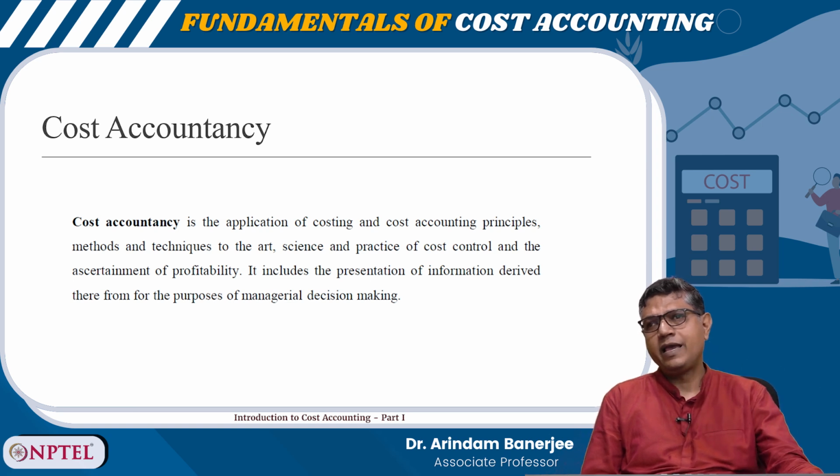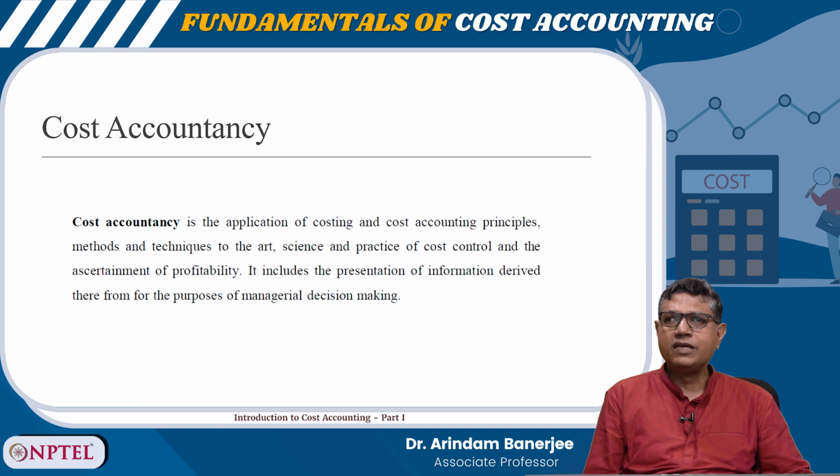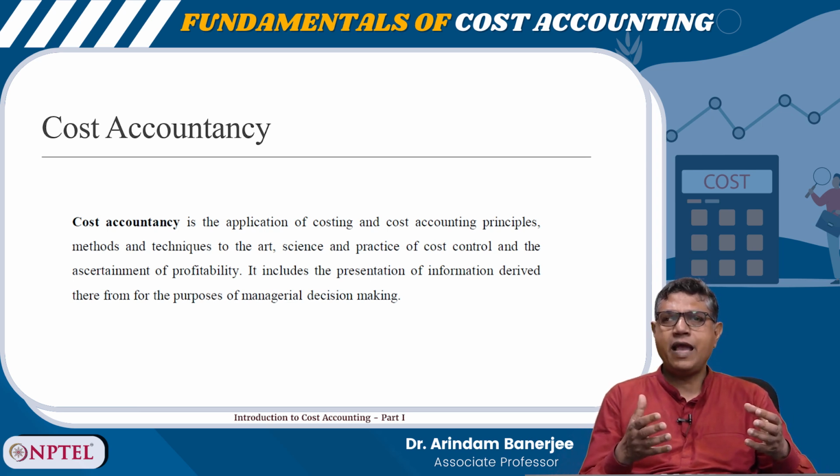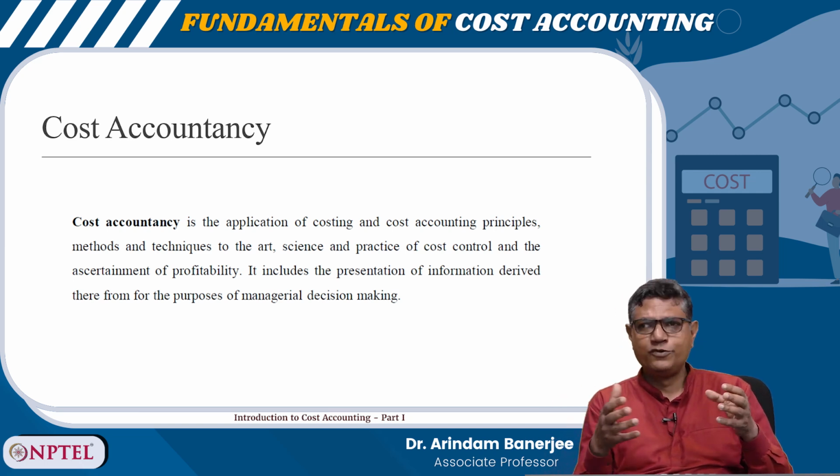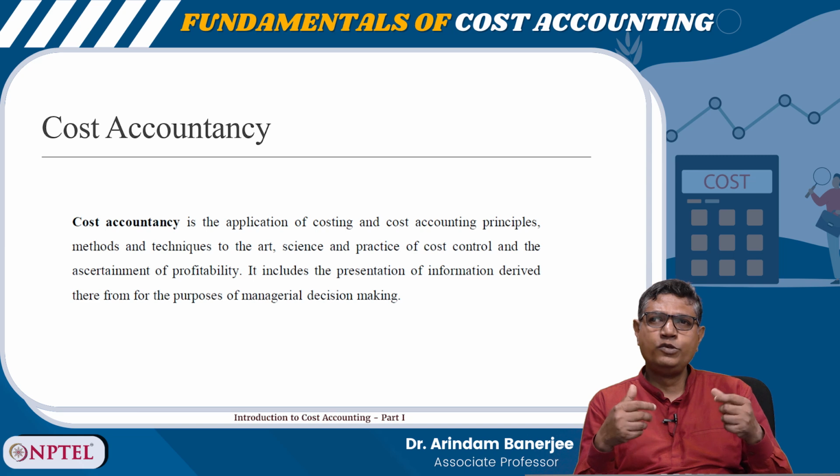There I have to use some assumptions, some judgment, some basis for it, which may not be as direct as we are attributing the direct material cost. So, we need to use our own judgment.